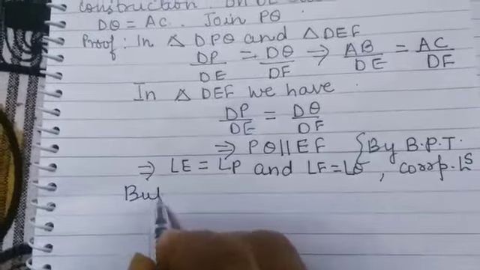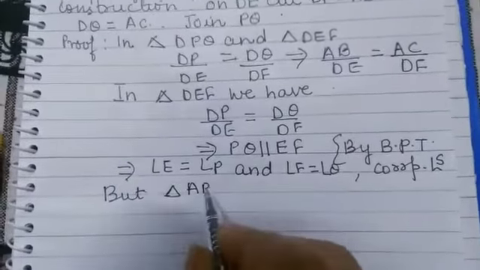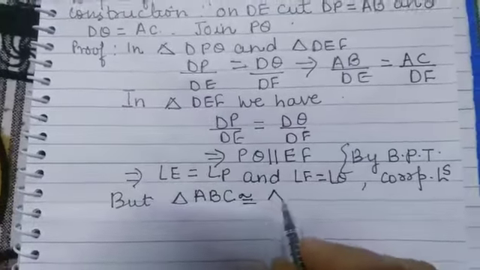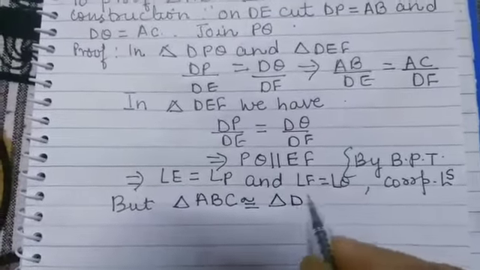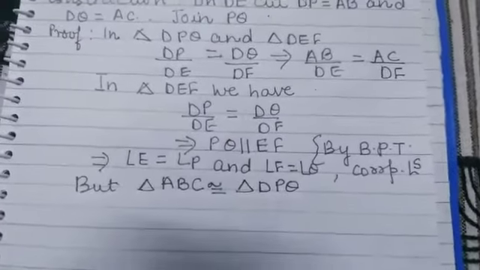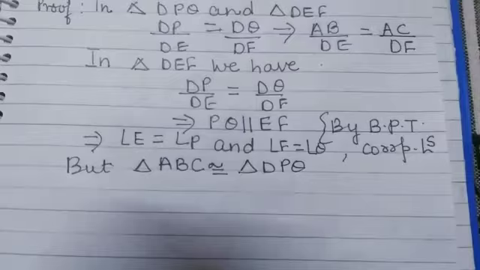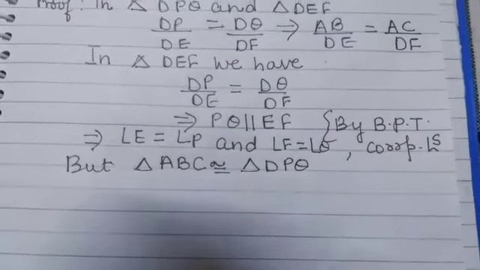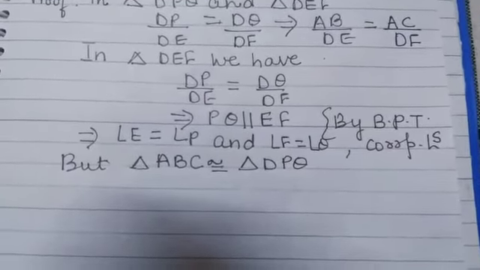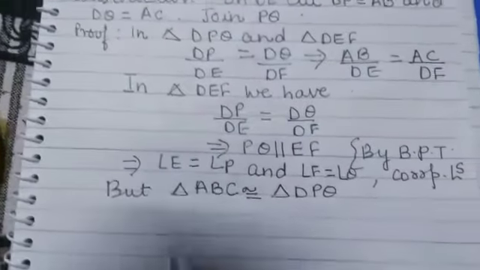But triangle ABC is congruent to triangle DPQ. Right, because angle A is equal to angle D, side AB is equal to DP, side BC is equal to PQ and side AC is equal to DQ. So we know this. So what do we come to?